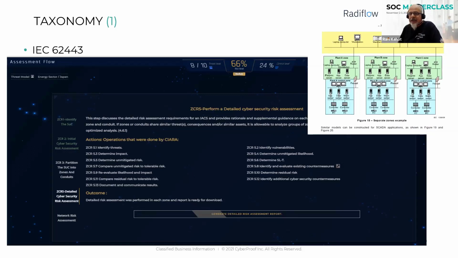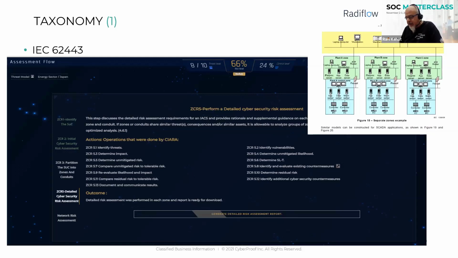And what are the main things that we should be looking at, that are very important in this standard, or in understanding how to manage risk in OT environments? I would say one of the most important things that we can understand from the standard is that it's business driven.